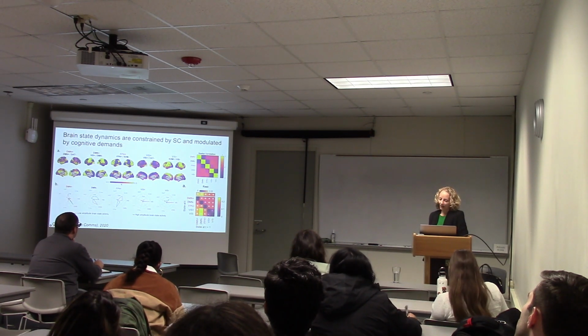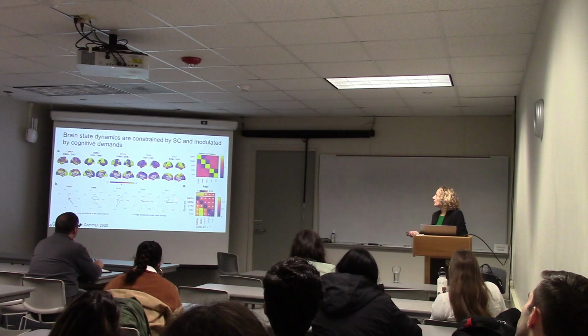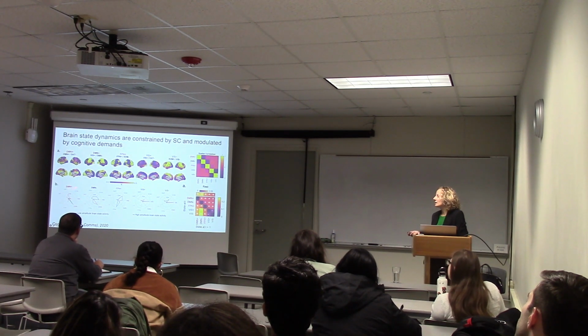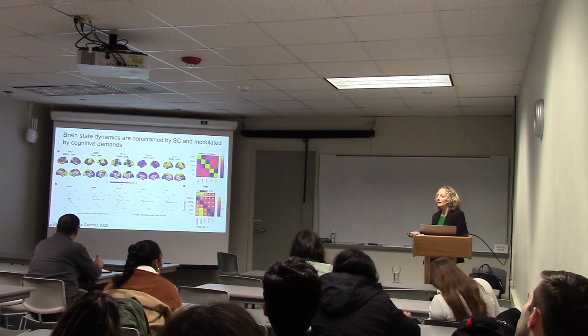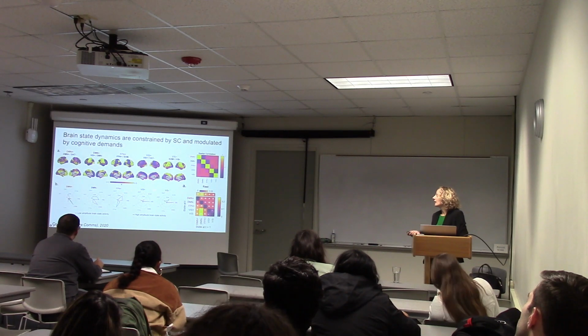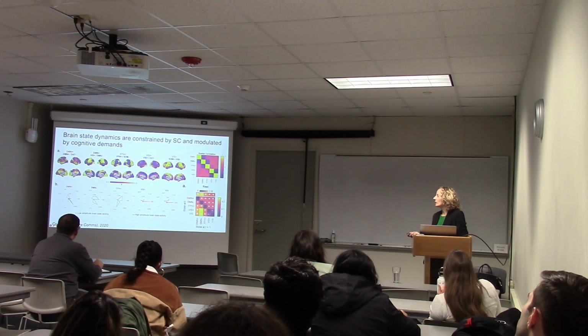Below is a summary of the state centroids in terms of their cosine similarity with canonical networks. I won't get into too much detail, but DMN is default mode network, frontal parietal is a cognitive control or executive attention network, and VIS is the visual system. So you can see the higher order and the lower order of the hierarchy.